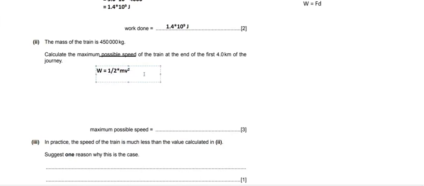So the v square, we can write down, will be equal to, if you make the v square the subject, the work done multiplied by 2 divided by the mass.